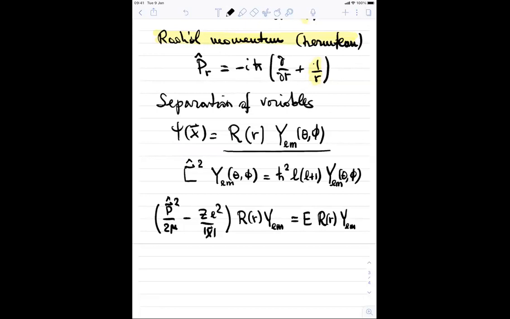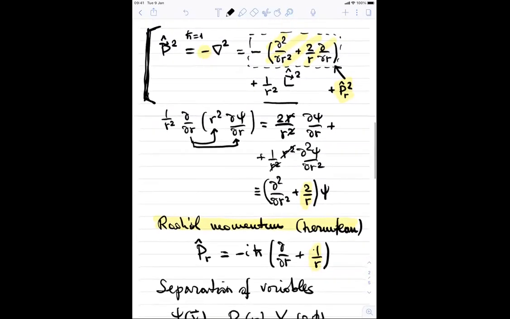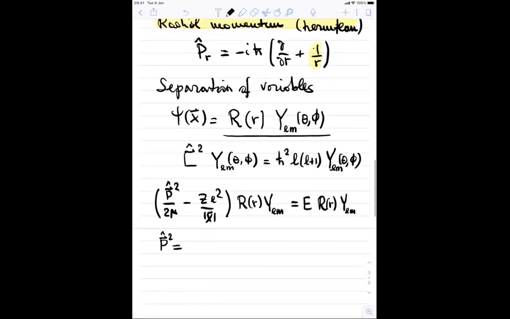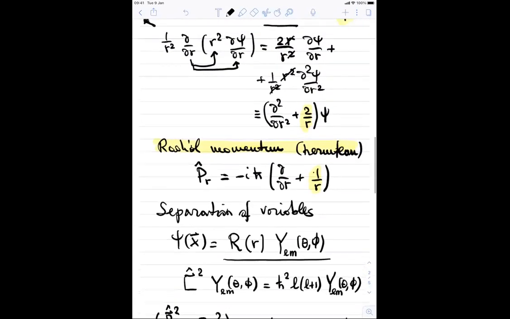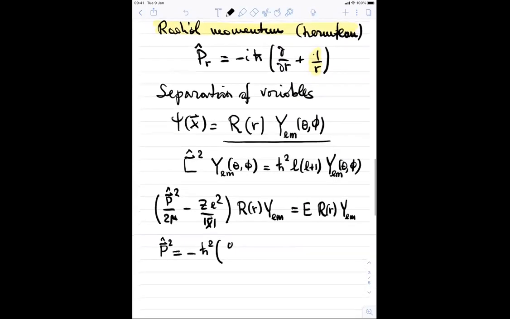Now I notice that this object, p square, I told you, is equal to, let's put back the h bars, minus h bar square times, I copy, second derivative plus 2 over r d in dr, plus L square multiplied by 1 over r square.